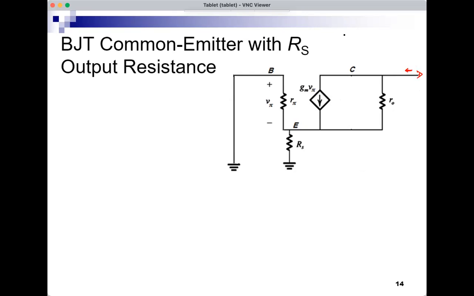Well, this R pi, because I'm doing output resistance and I set VI to 0. When VI is 0, the base is grounded, and this R pi is actually between the emitter and ground.